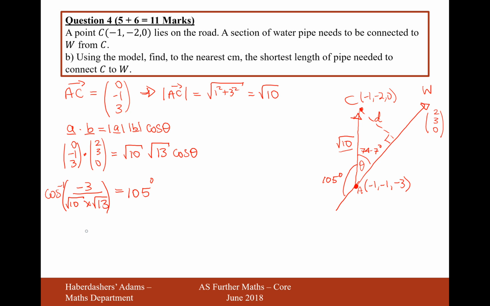Now we're going to find the opposite side on this right angle triangle here. Effectively, if we draw out just the detail we need, we have root 10 on the hypotenuse, we have an angle of 74.7. We now need to work out the opposite side D, so this is going to require just a bit of right angle trigonometry.